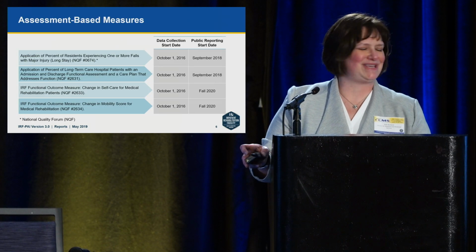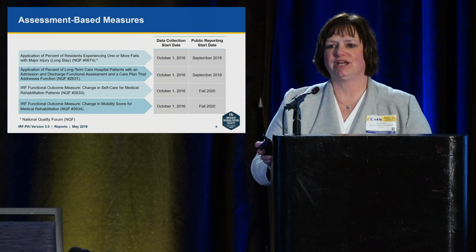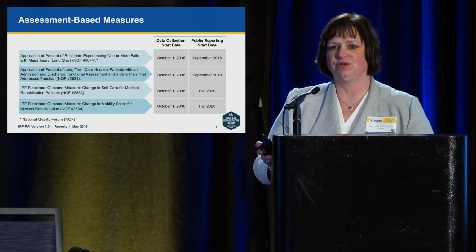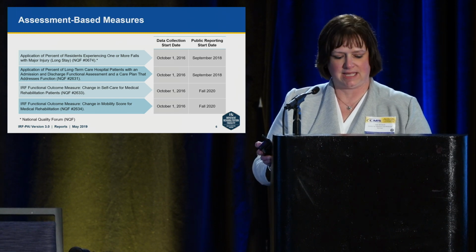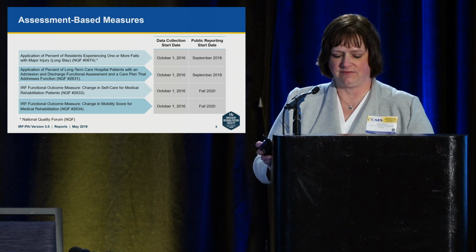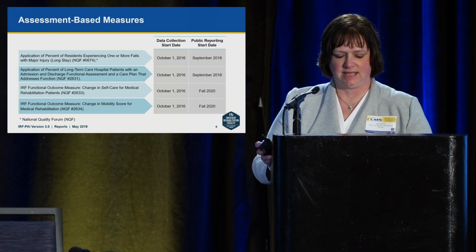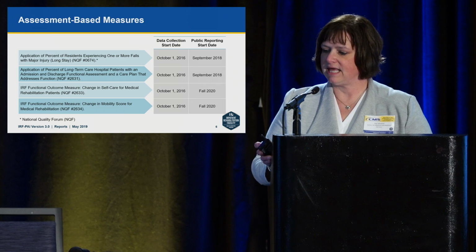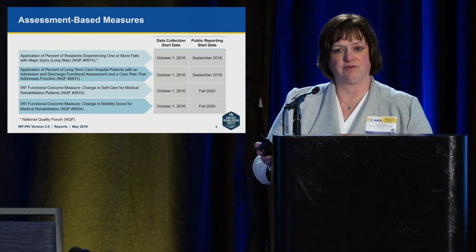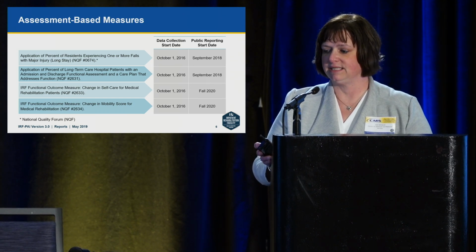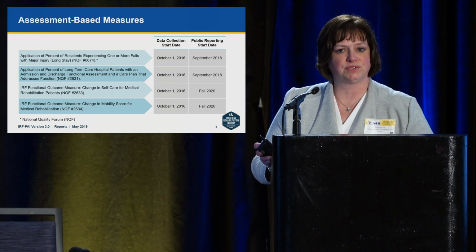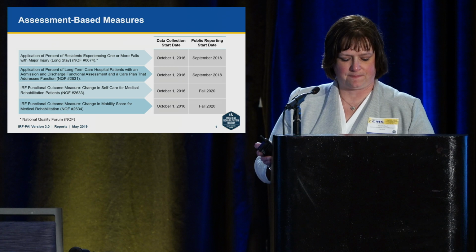Yep, perfect, thank you. So let's take a look at the assessment-based measures that are included in the IRF QRP. You'll see that we have a list of the measures displayed here. In addition, you will see that the data collection start date for that particular measure is listed, in addition to the first time that those measure results are reported publicly.